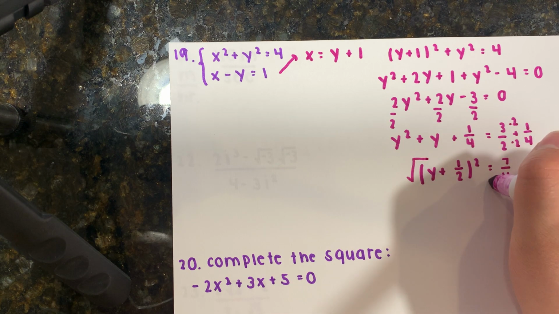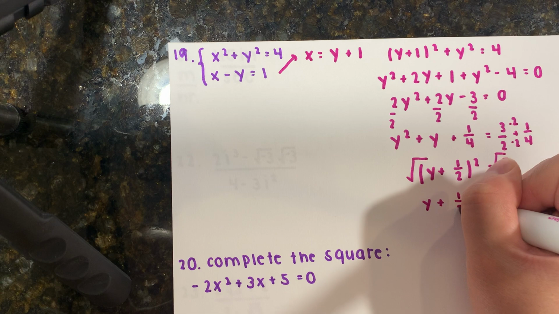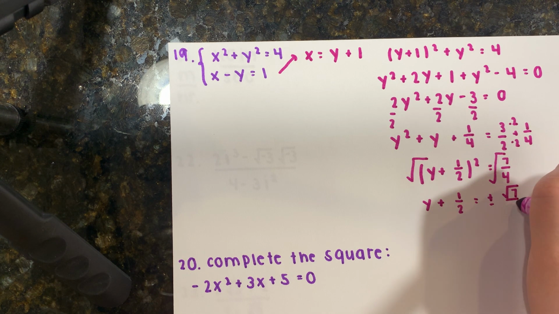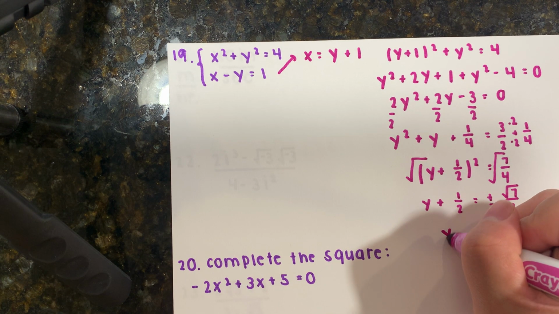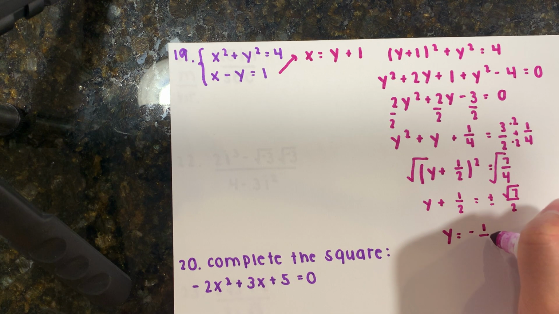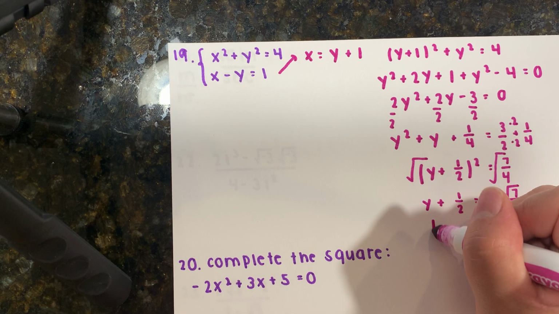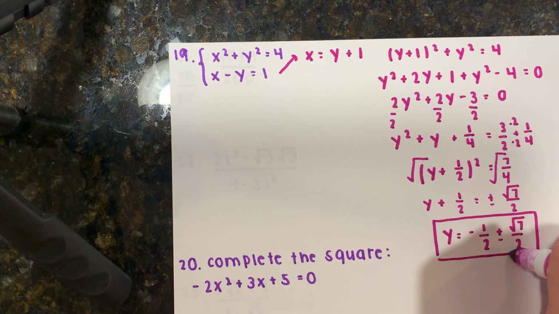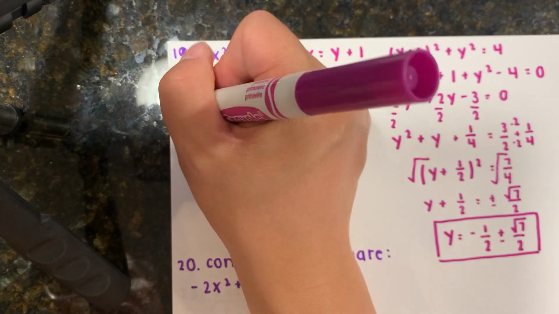You'll take the square root of both sides, so that's going to give me y plus 1/2 equals plus or minus the square root of 7 over 2. And then your result is going to be y is equal to negative 1/2 plus or minus the square root of 7 over 2. And now we have to solve for x by plugging it into the top equation.